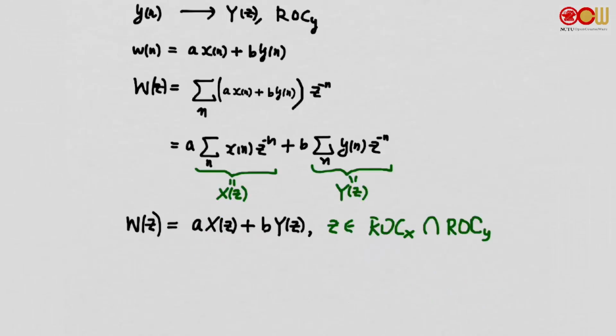This means the region of convergence for w relates to the regions of convergence for x and y.